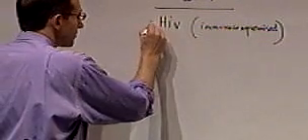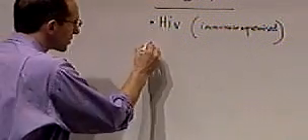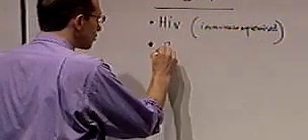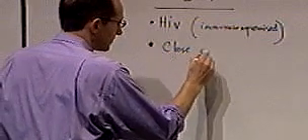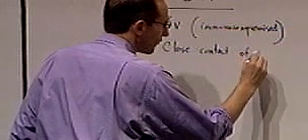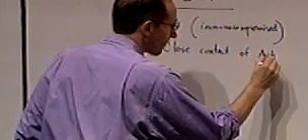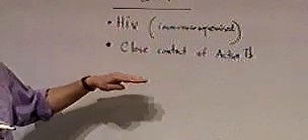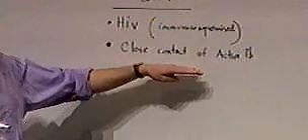That's one category, and the other where we consider 5 millimeters positive is the case of a close contact of active TB. So somebody was found to have active pulmonary tuberculosis, and the person that you're evaluating was a close contact of this person.